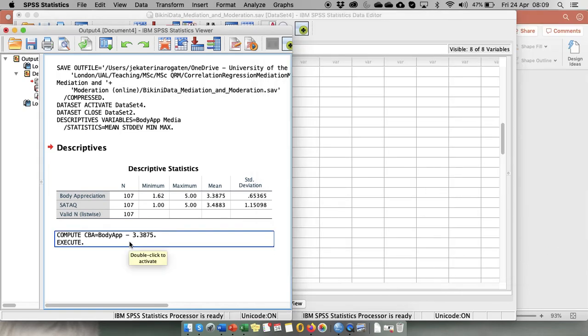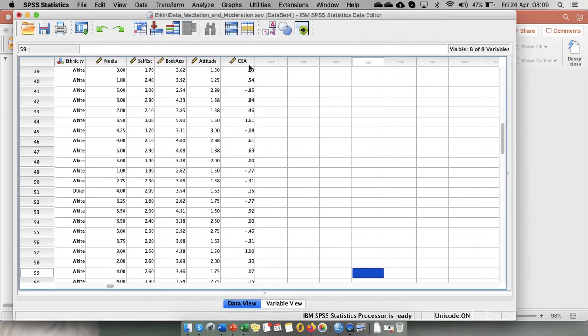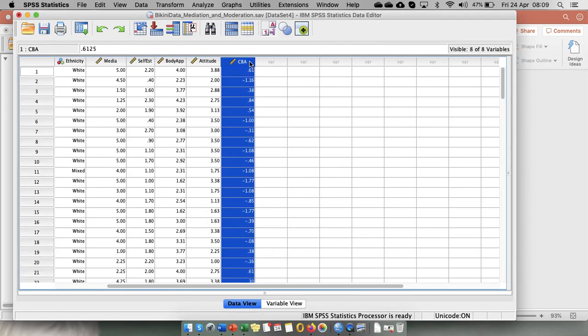SPSS output tells us that the variable was computed, and here we have our centered variable.